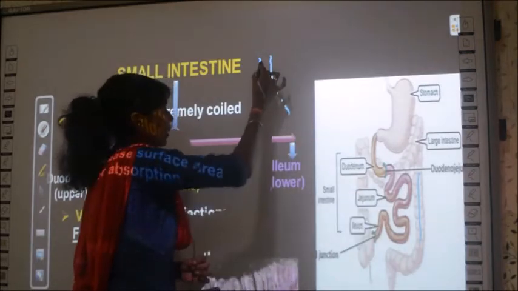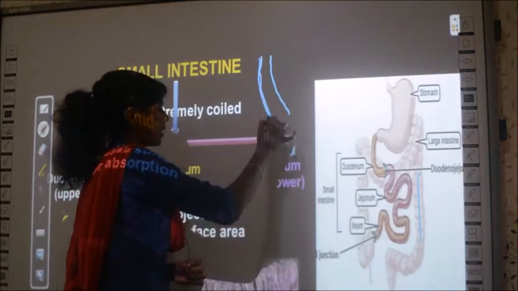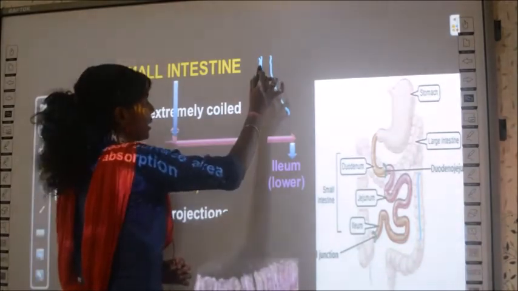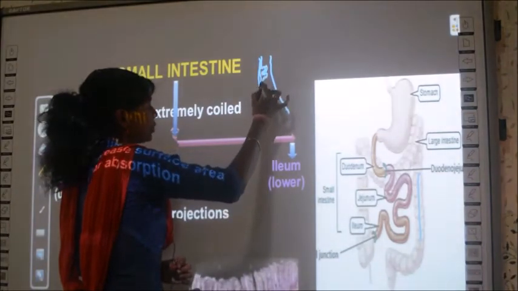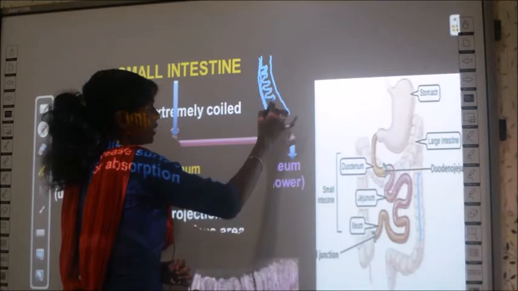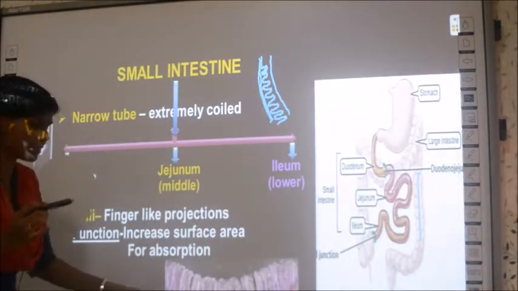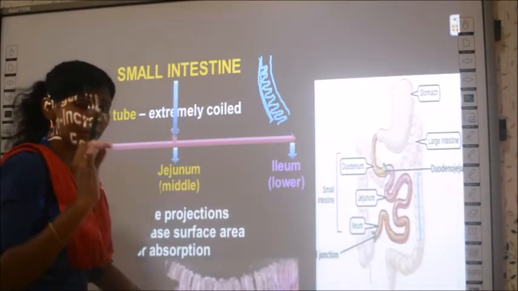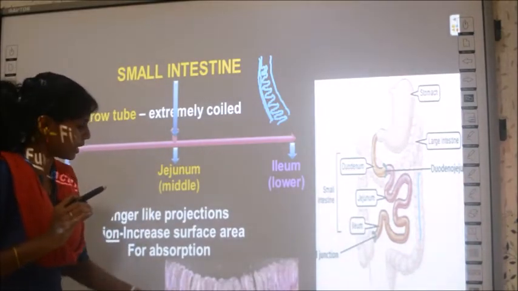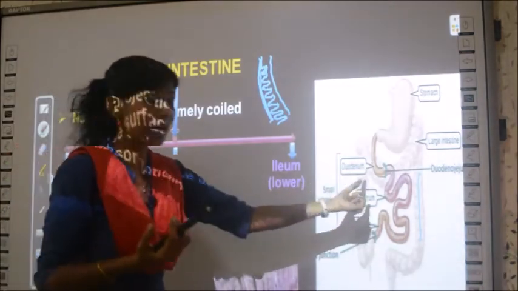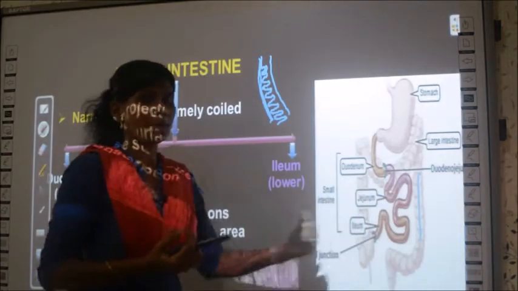These walls have finger-like projections. It is not smooth like this, but has finger-like projections like this. See, the photo is given. This is the actual picture of the finger-like projections.